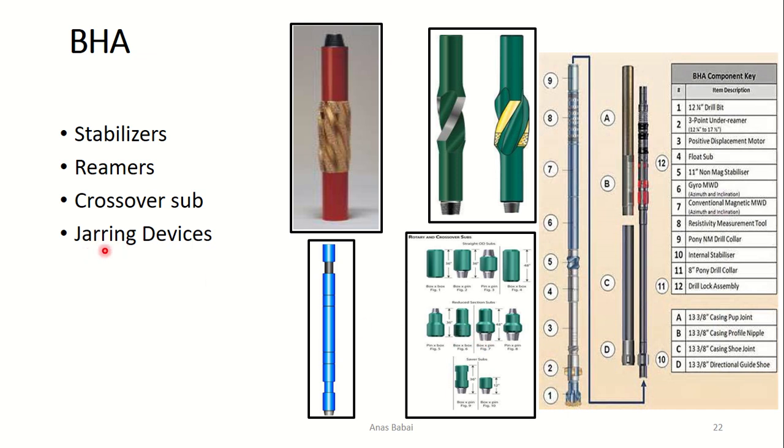And jarring devices are equipment that have the ability to create sudden shock or sudden vertical movement within the drill string to prevent sticking or to release the drill string in case of being stuck.